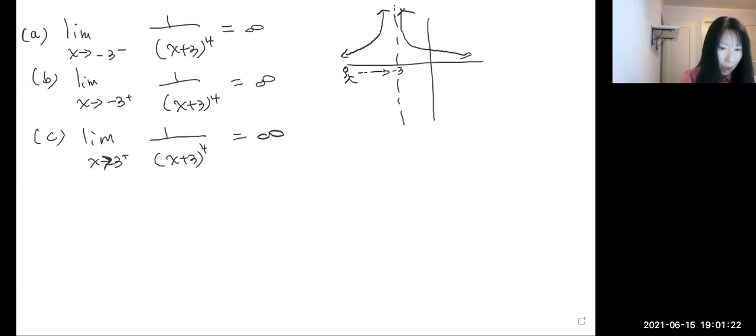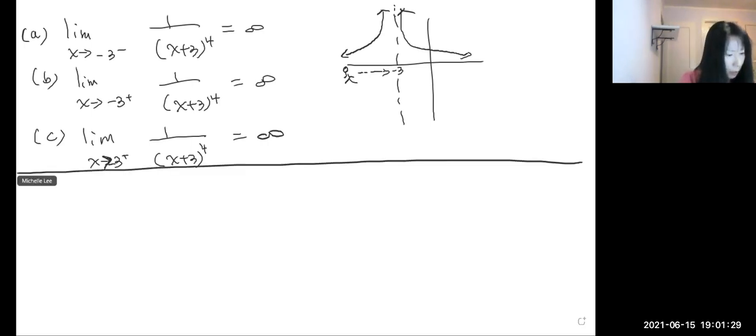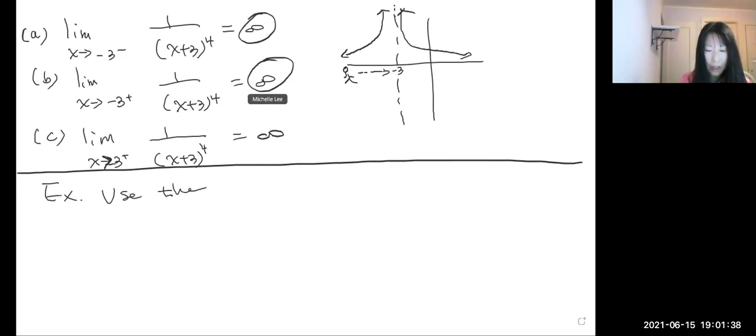Okay, so let us do this one. Maybe I do just one problem, okay? Using the graph. Was C the same as B? We have agreed positive infinity. That's why we say the positive infinity. Does that make sense?